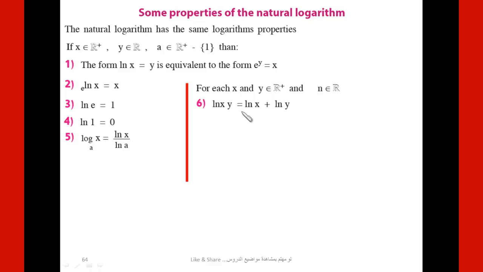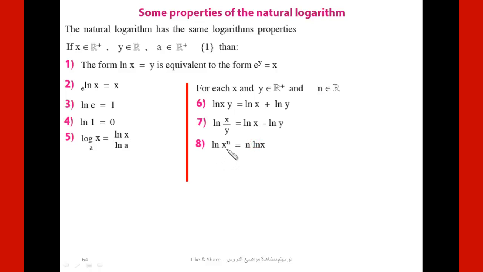And ln x over y equals ln x minus ln y, and ln x over y does not equal ln x divided by ln y. Ln x over y equals ln x minus ln y.